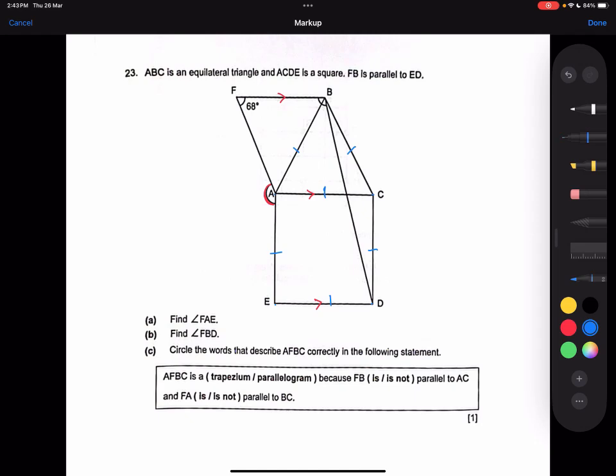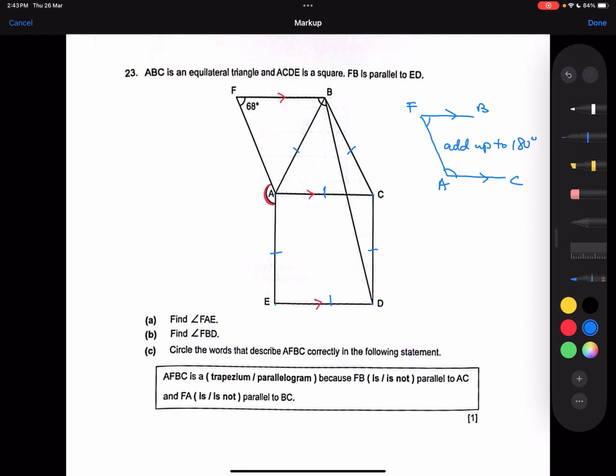Okay, for our very first step, I would like to redraw this. Okay, this is FB, AC. We know that these two lines are parallel. So any line that draws across two parallel lines, the two interior angles will add up to 180 degrees.